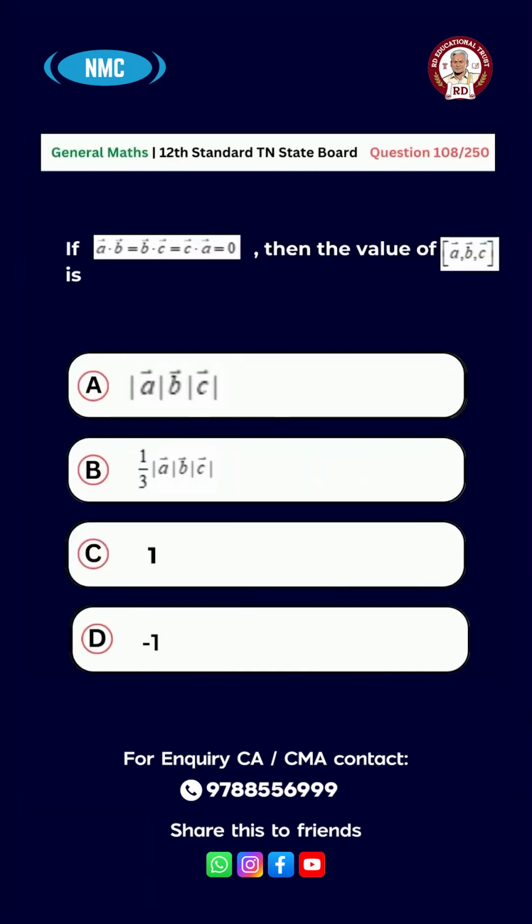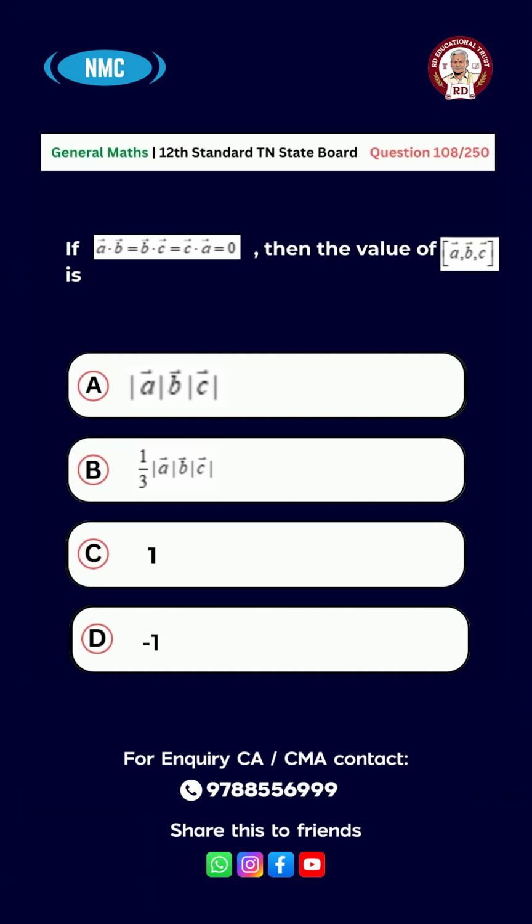Question number 108. If A dot B equals B dot C equals C dot A equals 0, then the value of the box product of A, B, C is: option A, determinant A times determinant B times determinant C. Option B, 1/3 determinant A, determinant B, determinant C. Option C 1, option D -1.